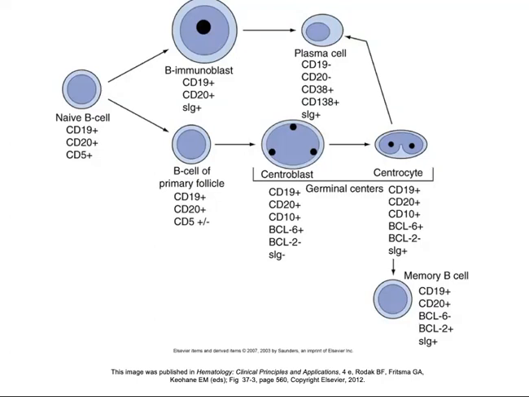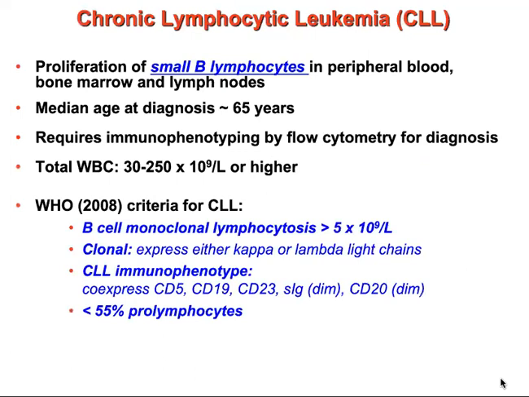The centrocytes that have low affinity undergo apoptosis, but the centrocytes that have high affinity lose their germinal center markers, and then they become B cells. That's going to be very important in just a little while, because I'm going to bring it back up for some markers that we need to know for prognosis in these mature lymphoid neoplasms.